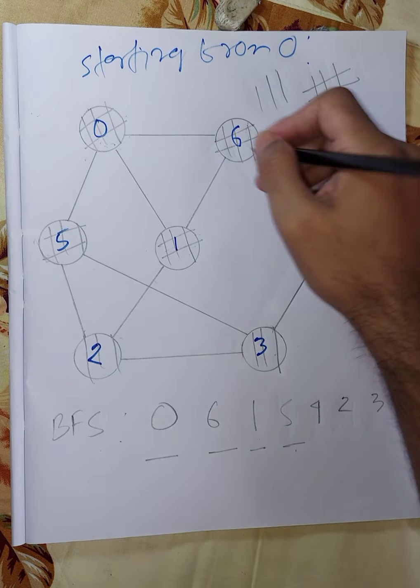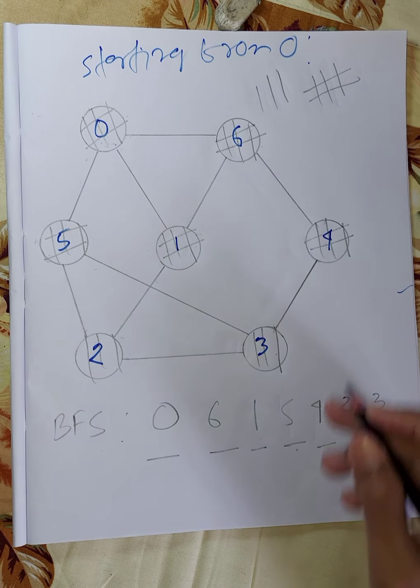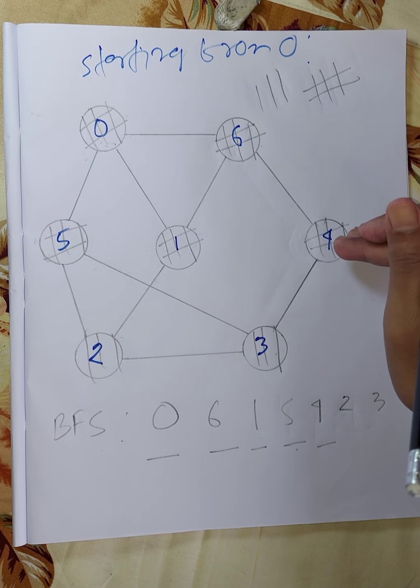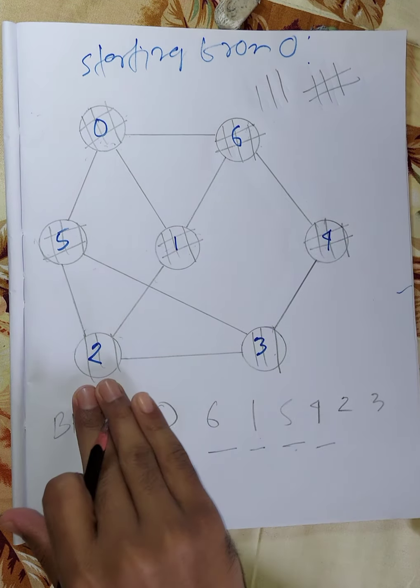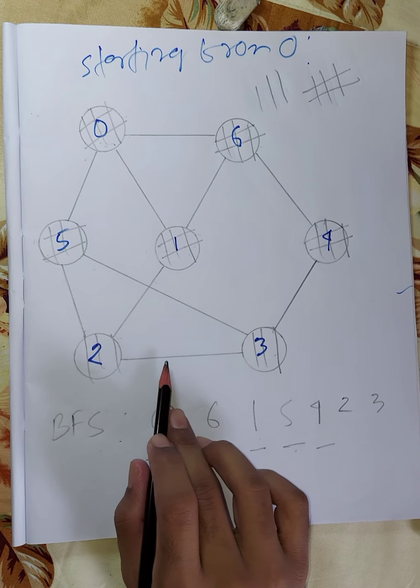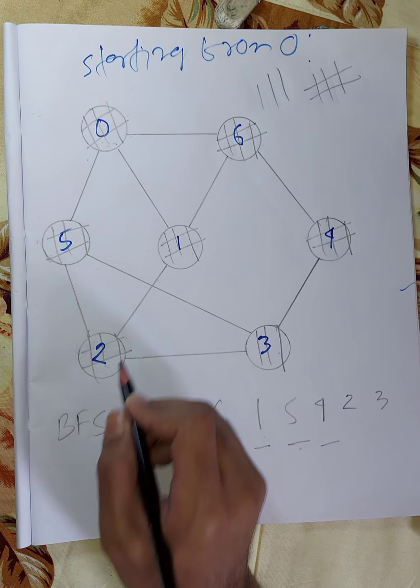So 4, there is no part left unvisited, so it is completely explored. Let's come to 2. So 2's every part is visited, so completely explored.